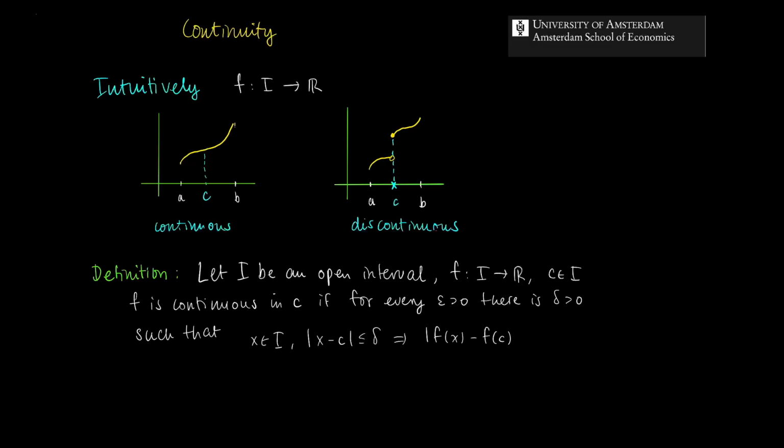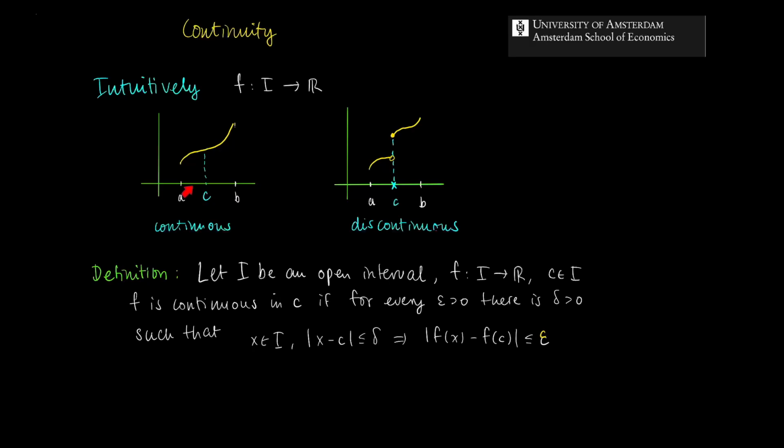The images are close, not further away than epsilon. Which means that the graph is kind of continuous.